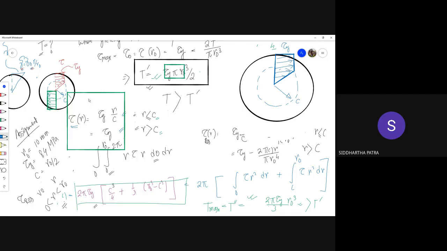So this is the stress distribution in the loading phase.